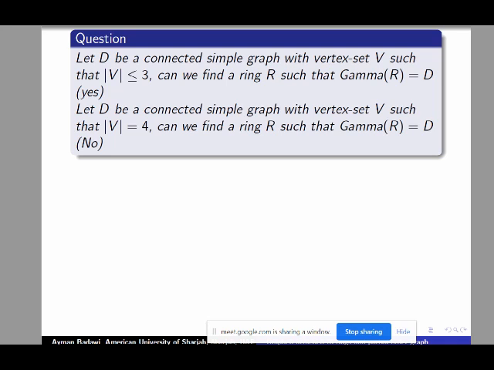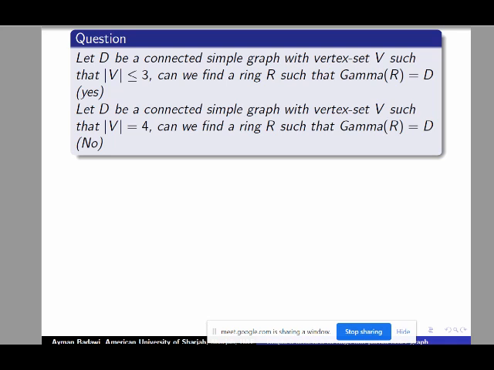Remember that my graph here is not big. I only have the number of vertices less than or equal to 3, meaning 1, 2, or 3, and the graph is connected. Can we find? So the answer to this question is yes.